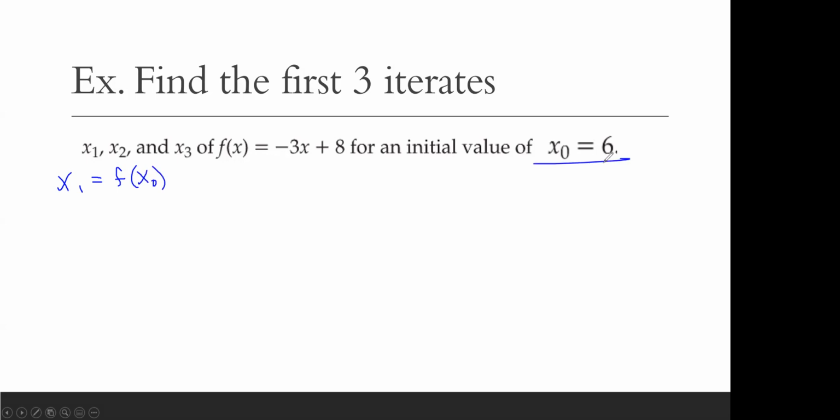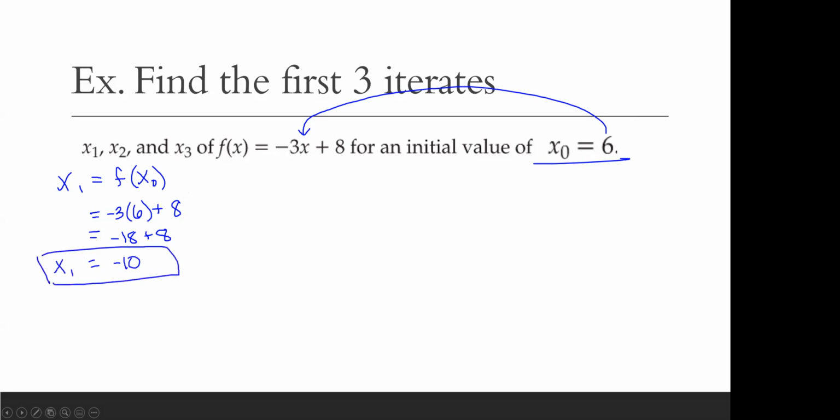Well, x sub 0 is 6. So I'm going to plug in 6 in for x, okay? So I have negative 3 times 6 plus 8, okay? So this would be negative 18 plus 8, and this would be negative 10. So x sub 1 is negative 10.